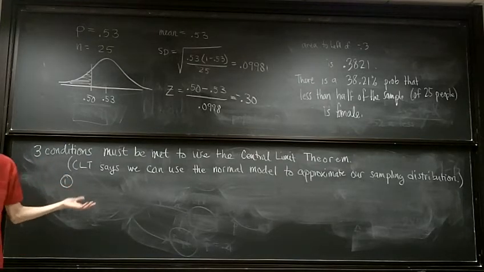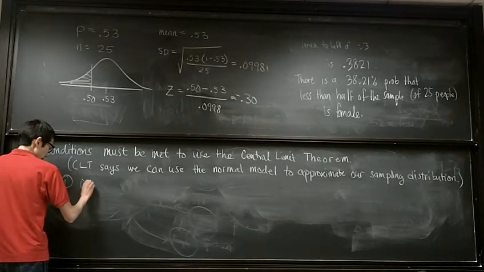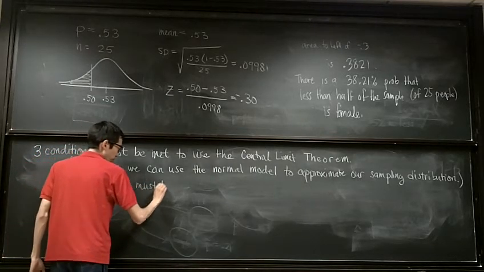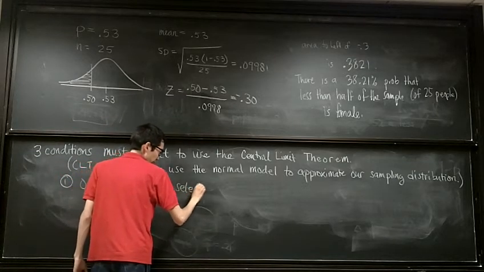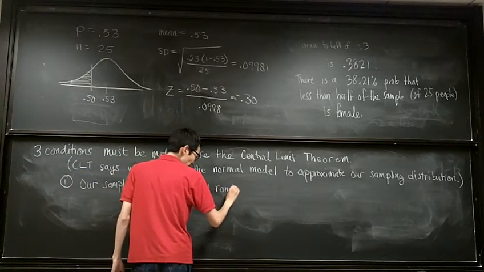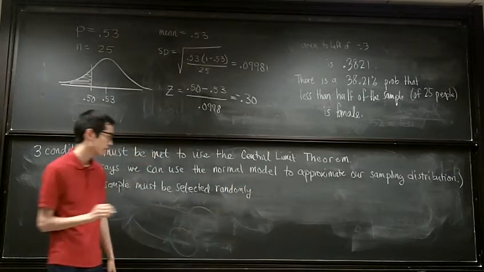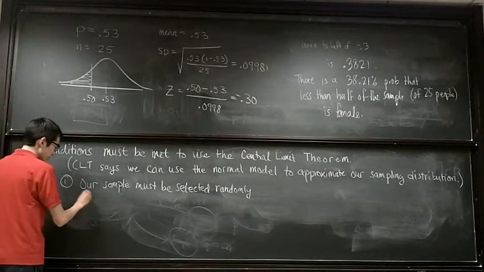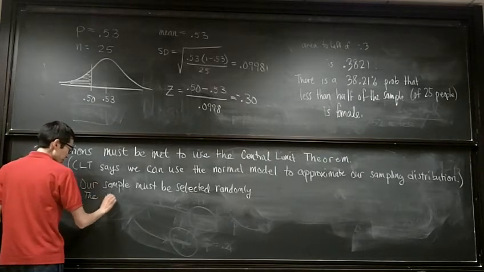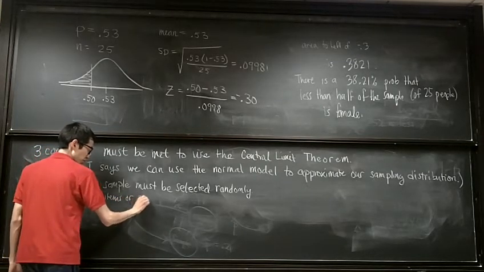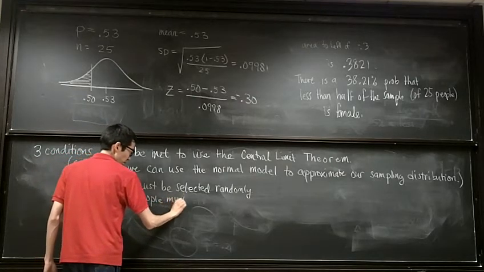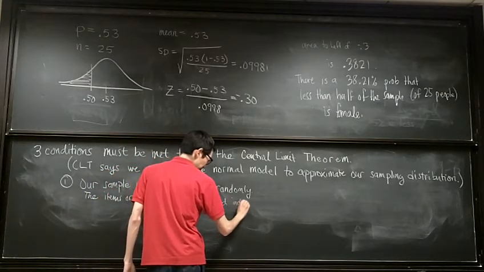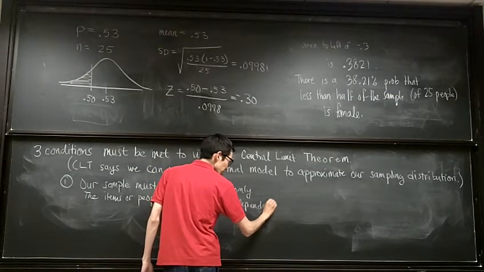is our sample must be selected randomly. The items must be selected independent from each other also. Okay? The items or people, okay?